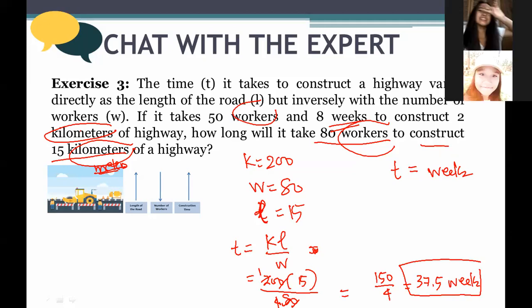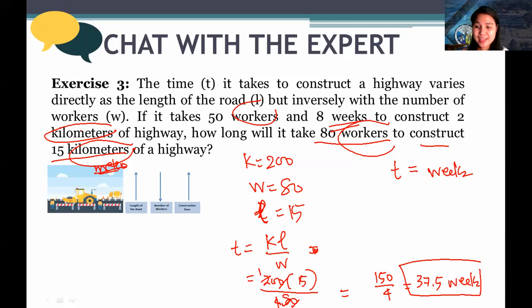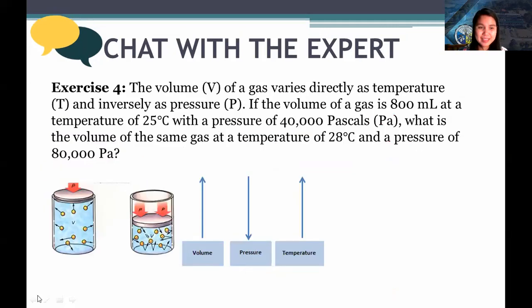Very good. Feel free to raise your hand if you have answers, okay? Now let's go to the last example. In the chat box, can you write the mathematical equation for the volume of a gas varies directly as the temperature and inversely as pressure?